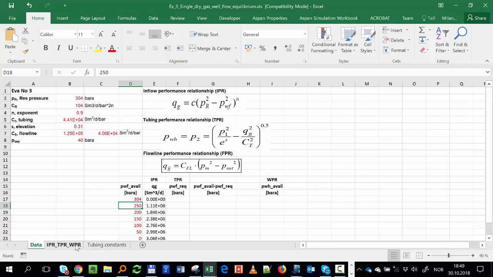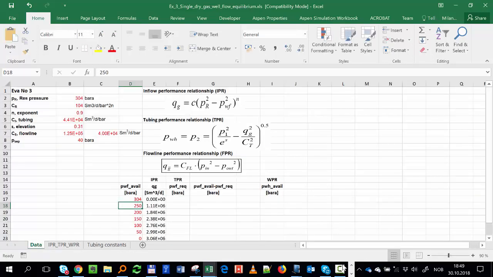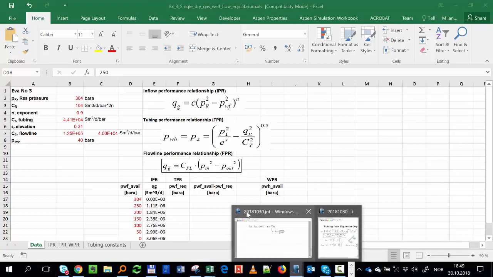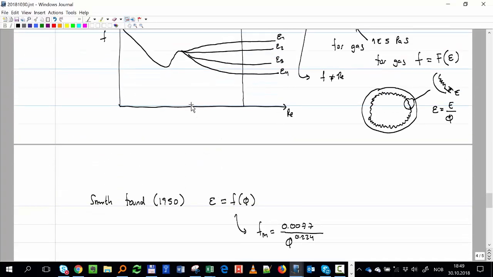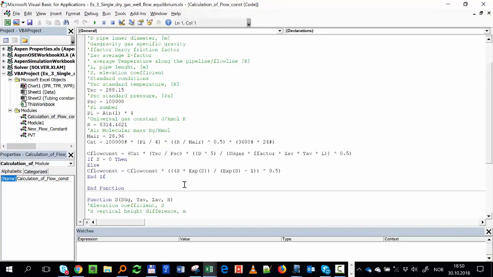So we have our exercise. We have calculated already this curve, the IPR. And now we want to calculate the TPR, which we're going to make with this equation, the dry gas tubing equation that I explained just now in class. This equation is already pre-programmed for you, I promise.